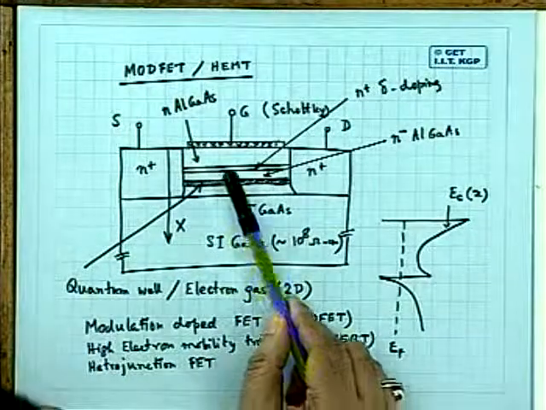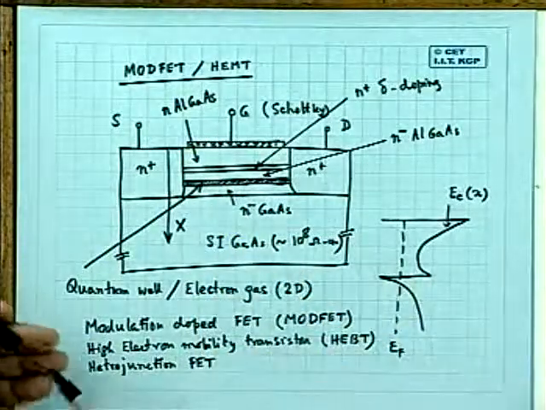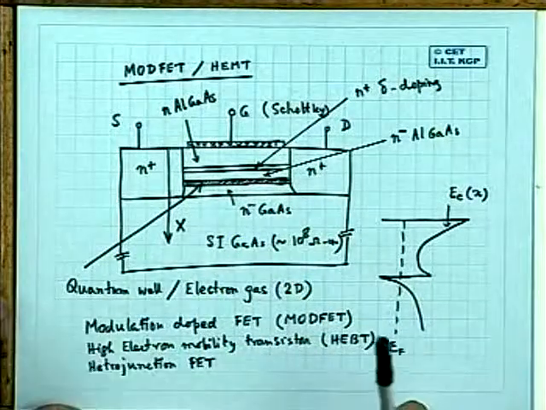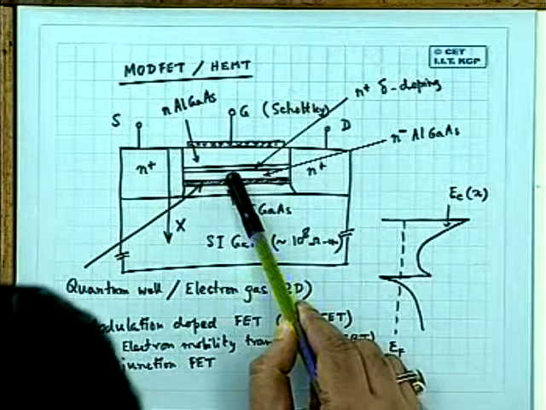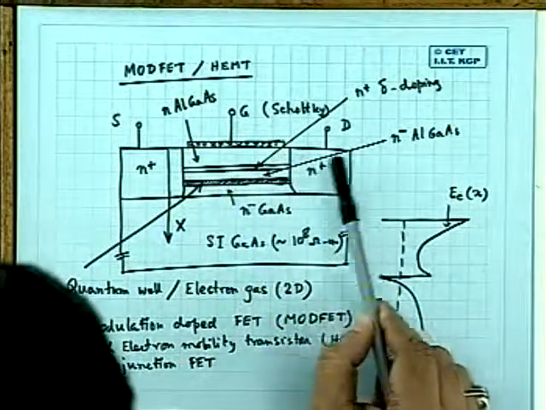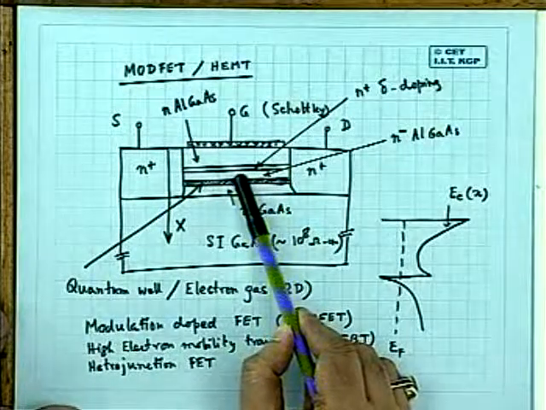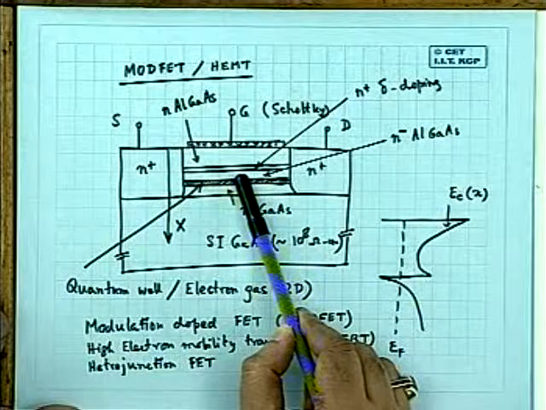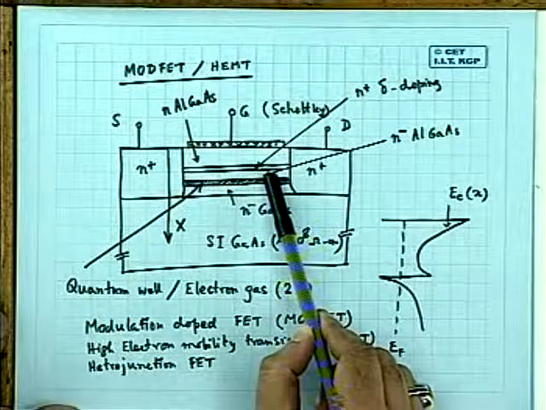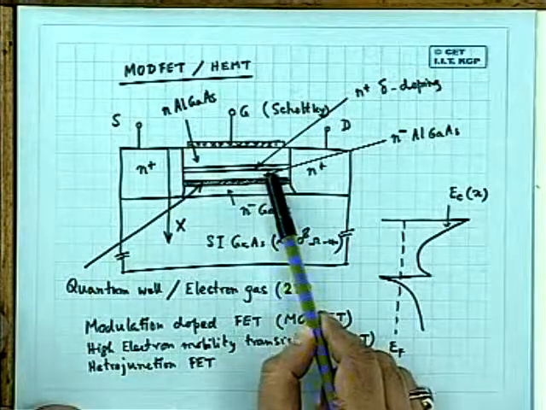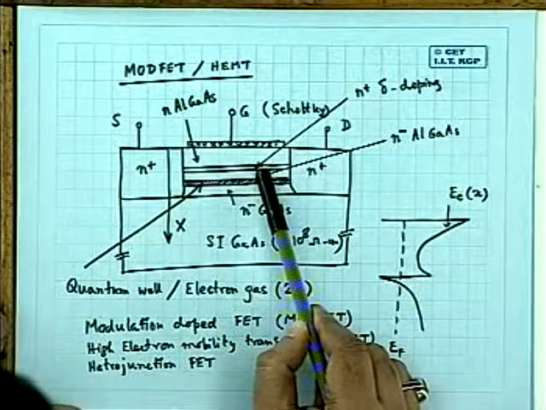Then on the top of which, from here to here, it is very lightly doped N-type gallium arsenide. Then we have an N layer of aluminum gallium arsenide, which is also relatively very low doped, practically intrinsic, and this could be extended to the top layer.